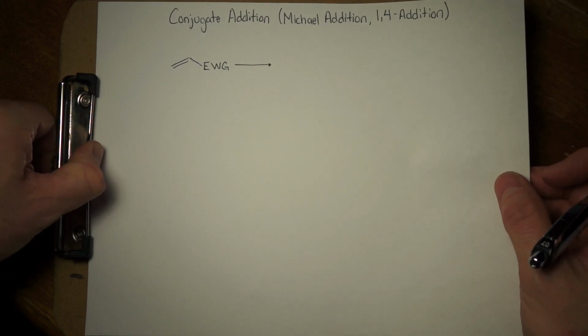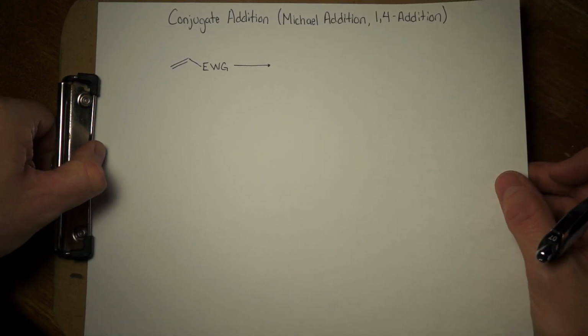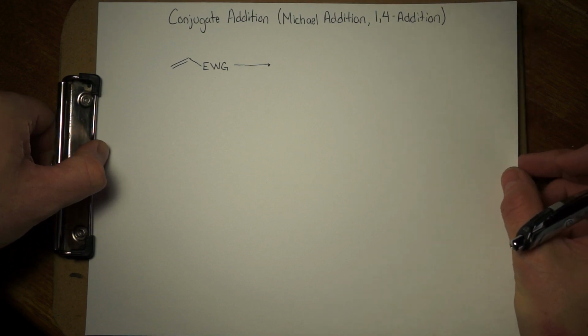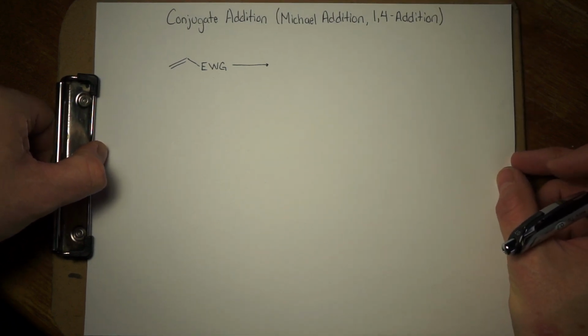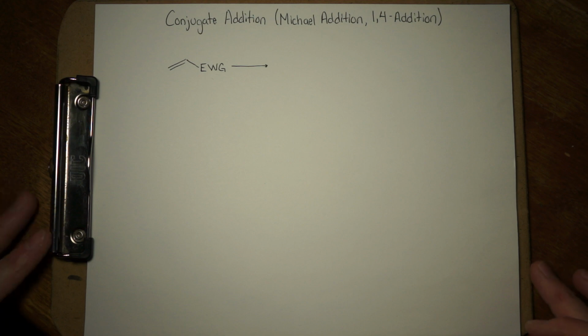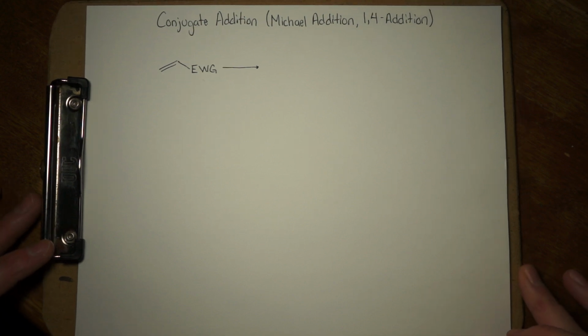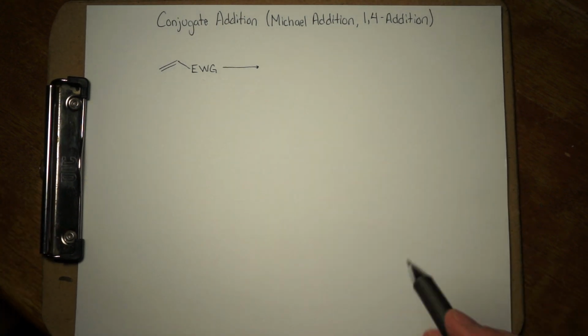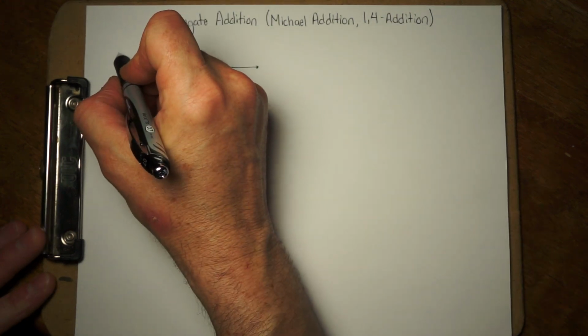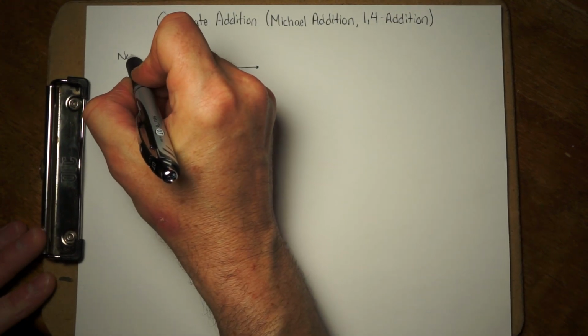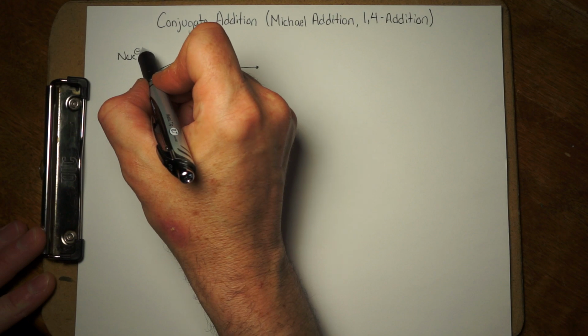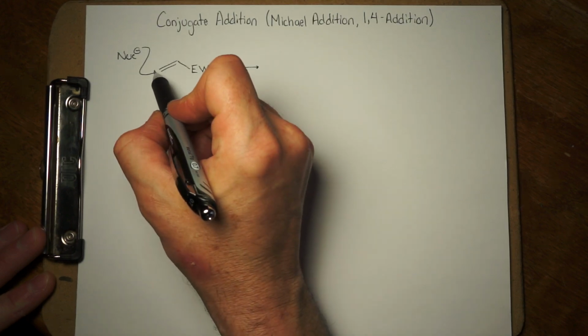So conjugate addition goes by a couple of different names. A lot of times you'll hear conjugate addition referred to as Michael addition or 1,4 addition. And again, what we're doing in this reaction is we're taking some nucleophile, adding that nucleophile to an activated alkene.